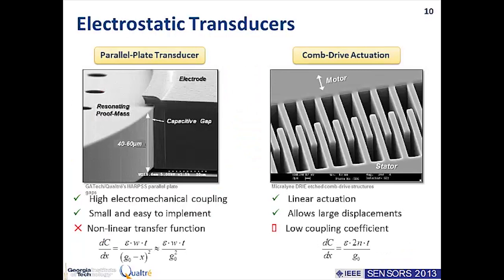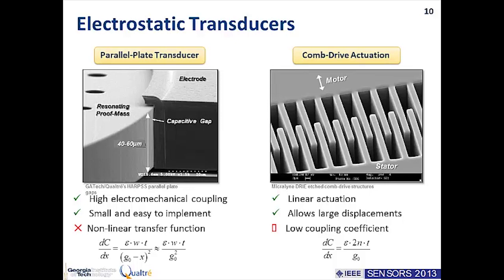Now, in order to establish that mechanical oscillation, obviously we need a transducer to convert our electrical signal from our amplifier into that mechanical displacement. And in commercial gyroscopes, probably the most common type of transducers are capacitive or electrostatic transducers.